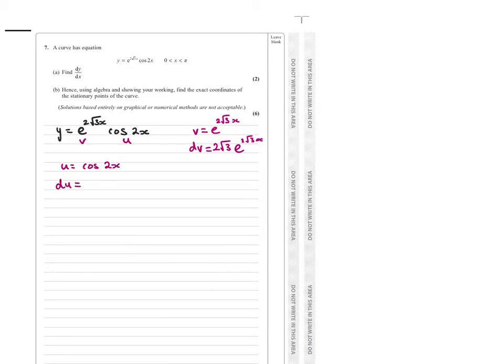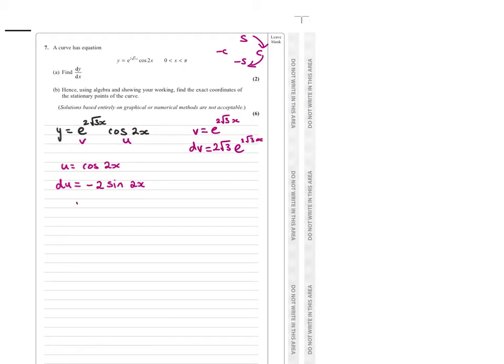So du equals, now we know we have sine, cos, minus sine, minus cos. We differentiate, we go clockwise. So cos differentiates to minus sine of 2x, and then we multiply by the differential of the bracket. Differential of 2x is, in fact, 2, so that's going to be minus 2 lots.